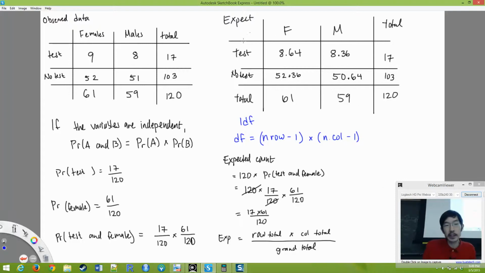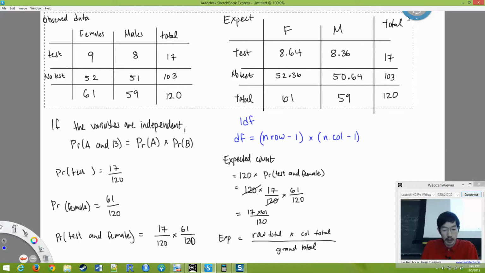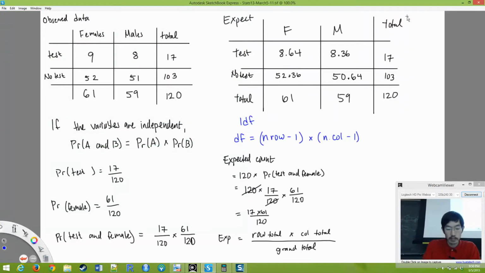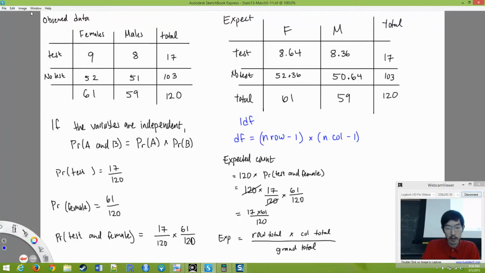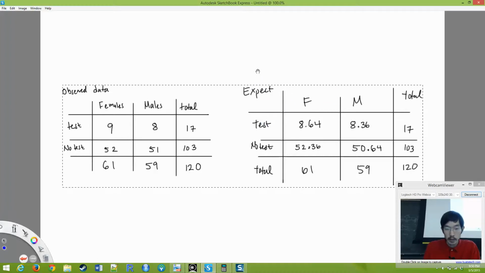Okay, so we have our expected counts, we have our observed data. Now we can get our chi-squared test statistic.